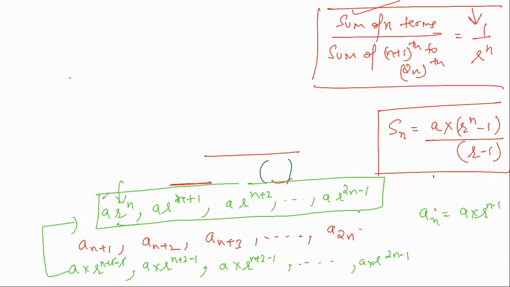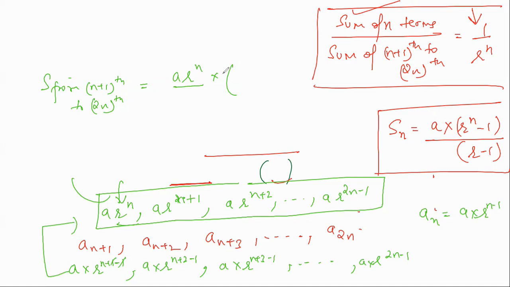So to find the sum from the n plus 1th to the 2nth term, it will be equal to the first term, which is a times r raised to the power n. Now we don't know how many terms there are, so we can say that we have n terms.